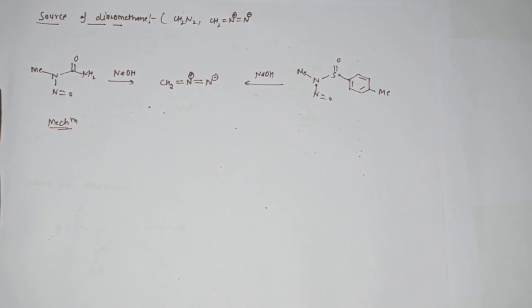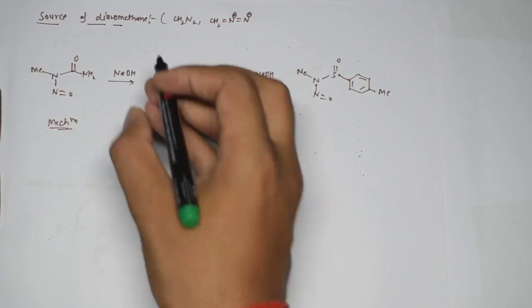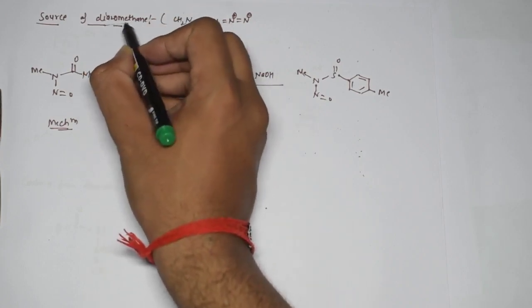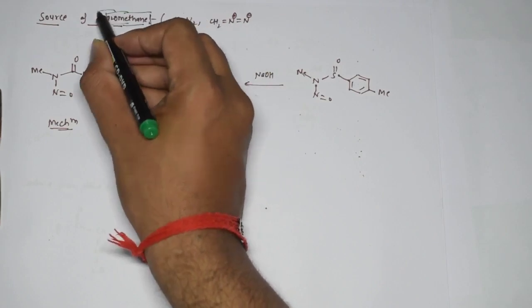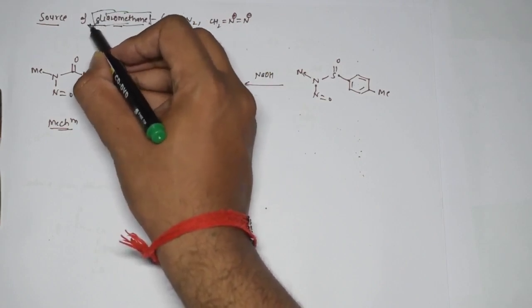Apart from this reaction series, in the reaction mechanism and all, you will see many kinds of reactions of this diazomethane, or in the reagent part also. There we will discuss all the separate reagents, and you can get separate questions and every detail about this diazomethane. This diazomethane is a kind of explosive material, right.